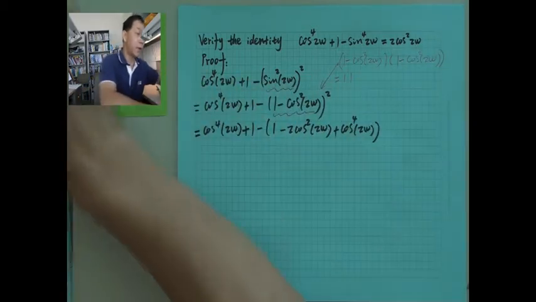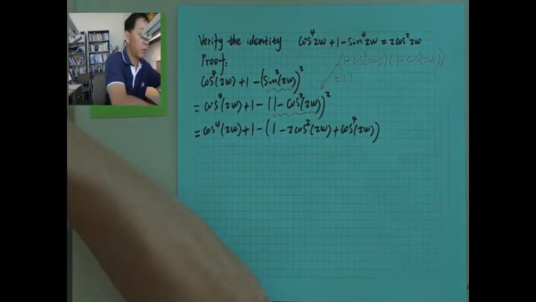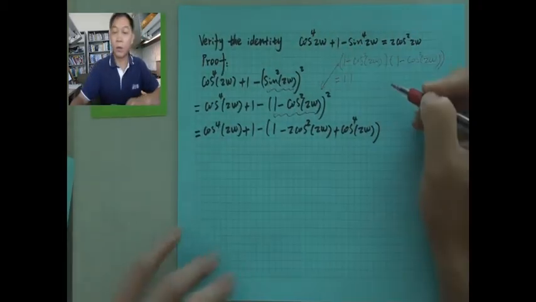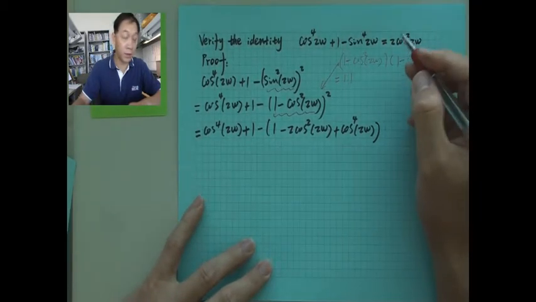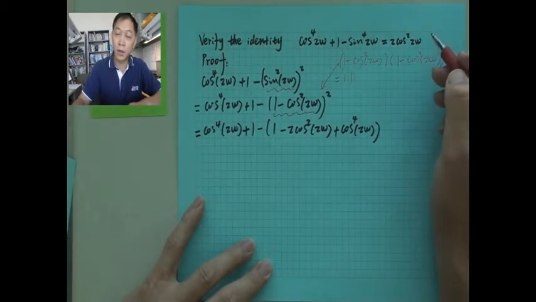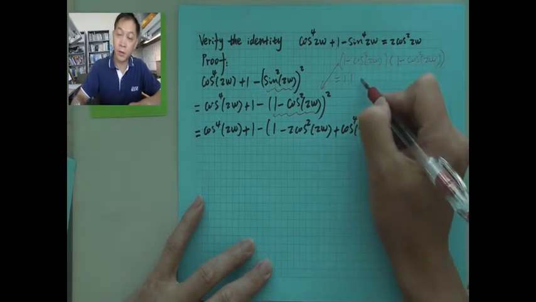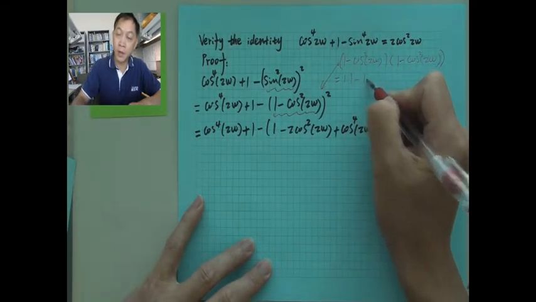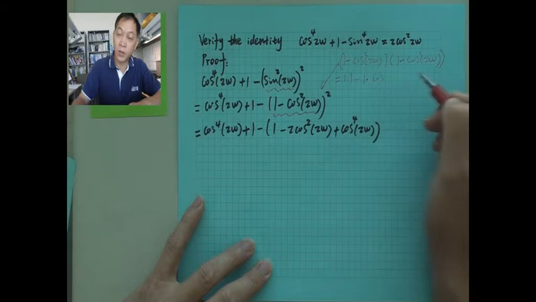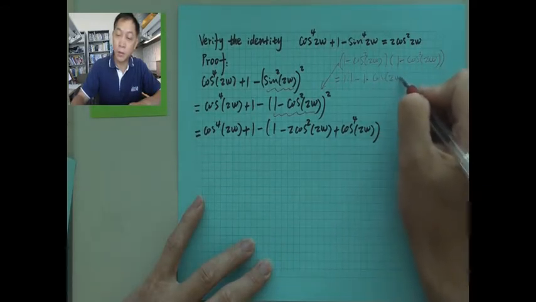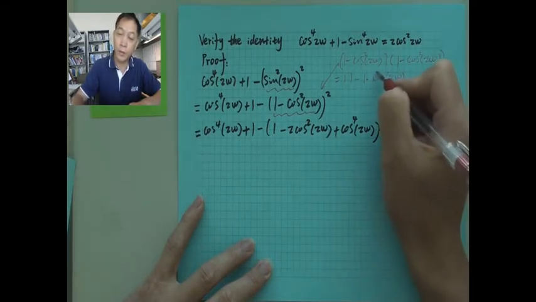Outer product. Let me write it down here so myself take a note. Outer product, that will be 1 times cosine 2 omega squared.